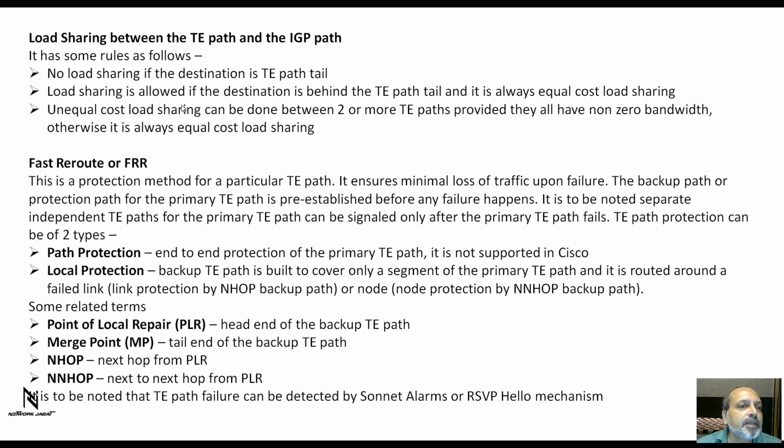No load sharing if the destination is the TE path tail. That means if I am using an IGP and a TE path, or if I am using two TE paths, and if my destination is just the tunnel endpoint, not something beyond that.